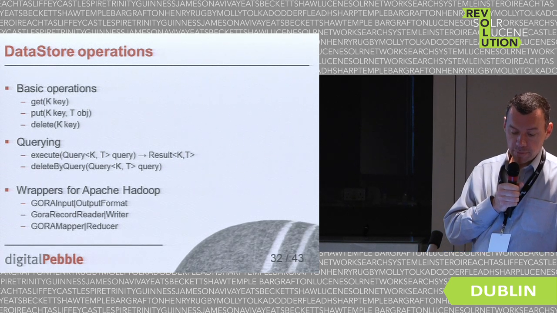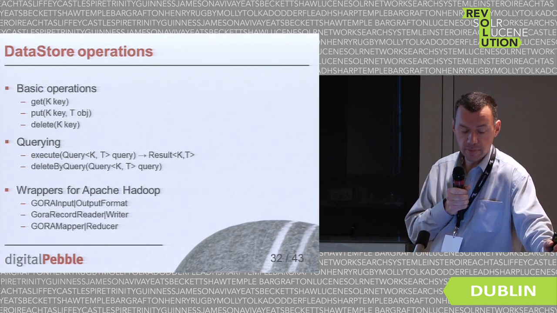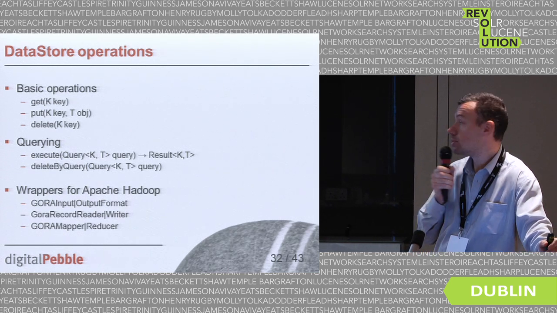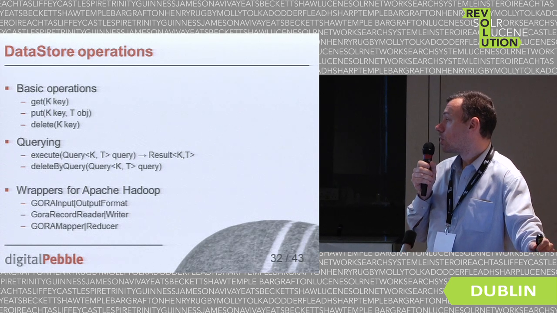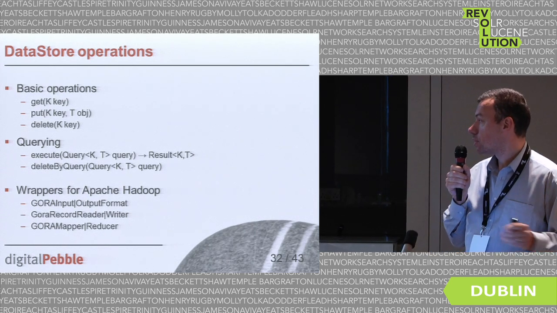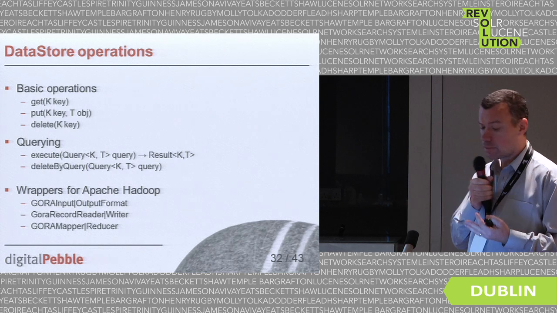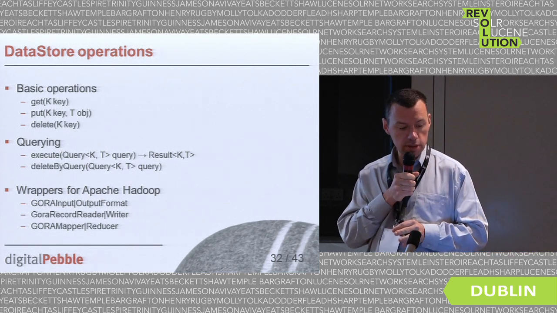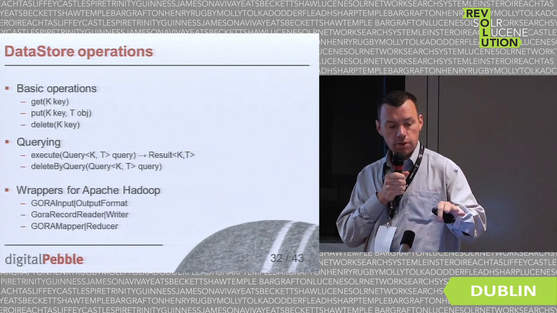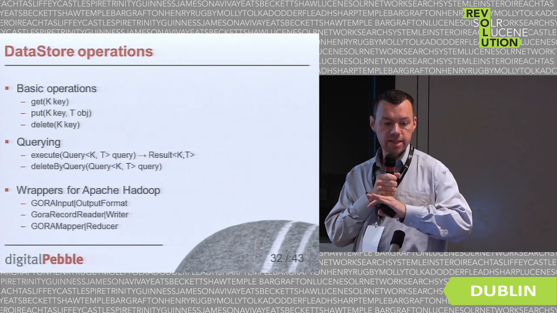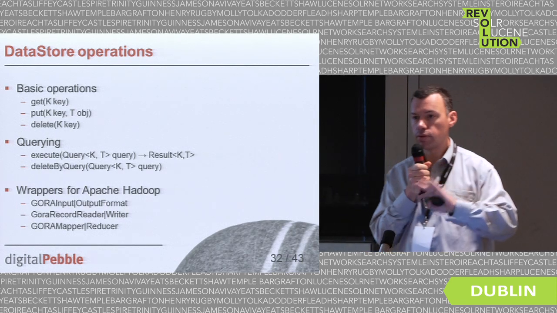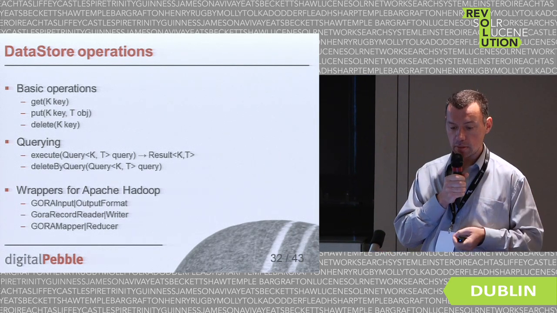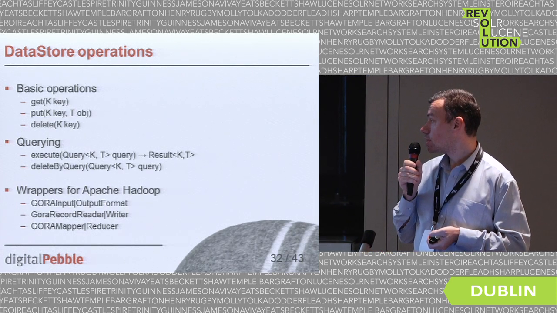But from a Nutch perspective, what we really use is the wrappers for MapReduce. There's a GORA mapper and reducer, and also a GORA input format and output format, which means that in our MapReduce code we can just use these, and it will work exactly the same way regardless of whether we use HBase, Cassandra, or even a SQL store.